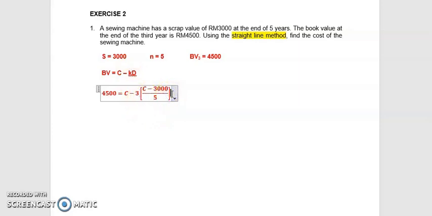So this one we can write it as, expand this value in bracket, so C equal to, negative 3 times C over 5. So we get negative 3C over 5.